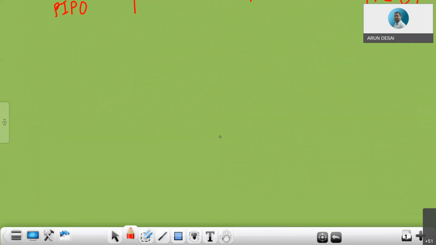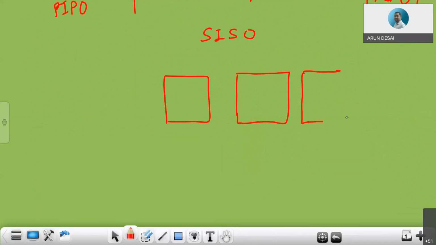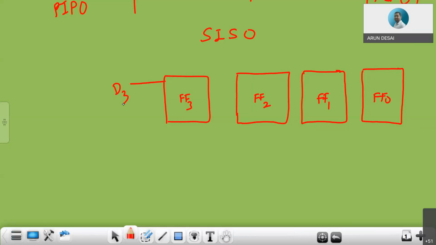First is serial in, serial out. Suppose I have four flip-flops, or four bits, available with me. I consider these as my flip-flops 3, 2, 1, 0. So this is my D3.